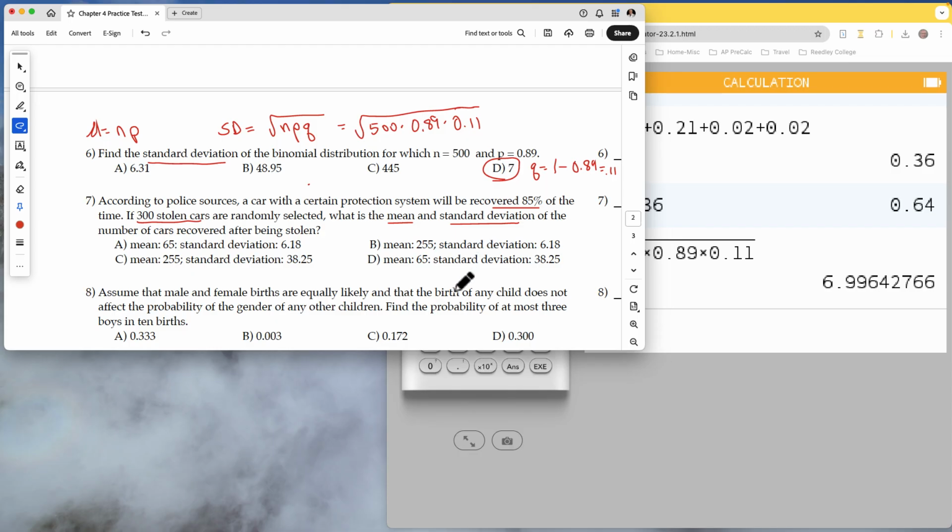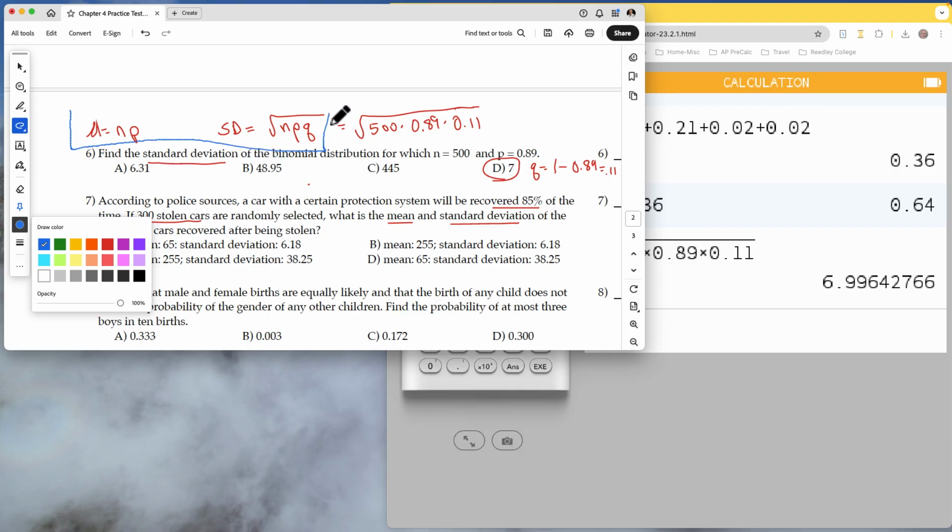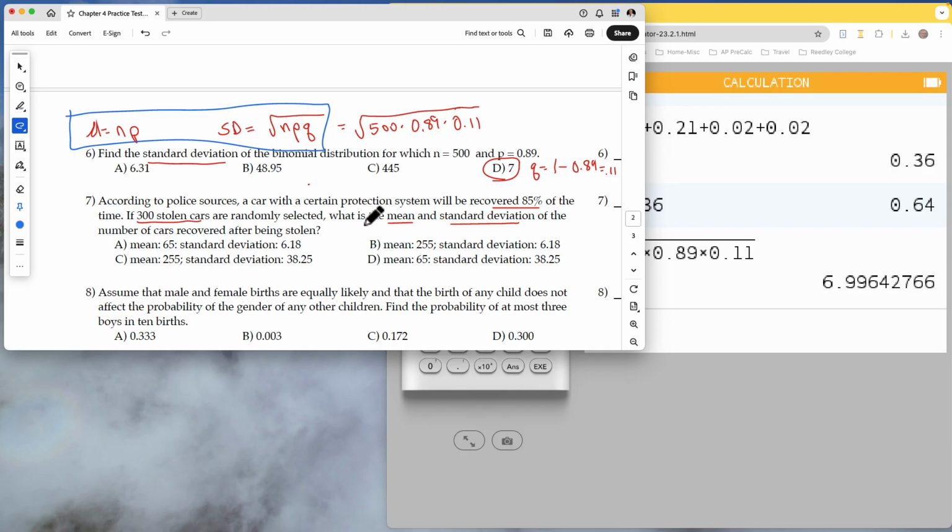This time we want them both. Again, we use these same formulas that we had up here. This is a binomial distribution because you either recover a car or you don't. So right, true or false, success or failure. 300 is our n, and we can get our mean and our standard deviation.